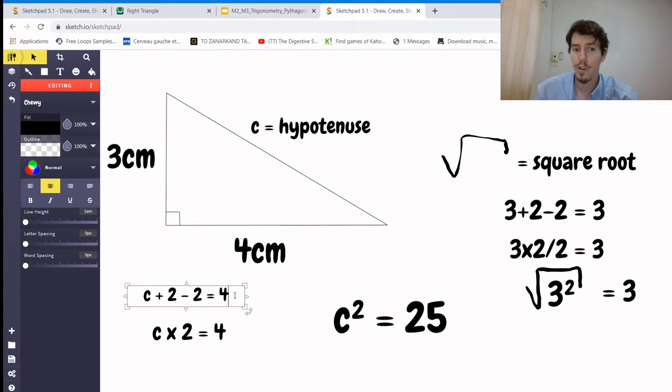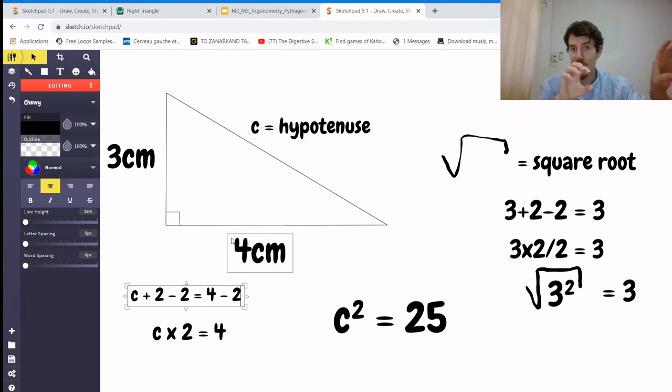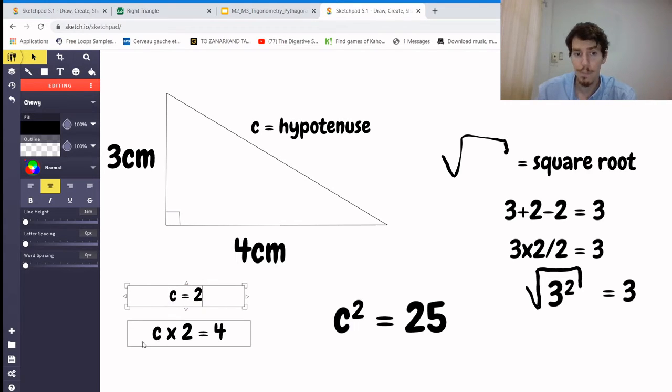And you remember last semester when we did algebra, I taught you that when you have an equal sign and you do something on one side of the equal, you have to do the same thing on the other side, okay? It means here, if you minus 2, you have to minus 2 also here, okay? So here we have plus 2 minus 2, that's 0. And 4 minus 2 is equal to 2, yeah?